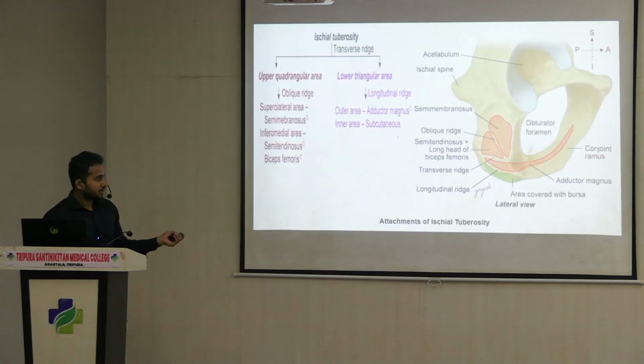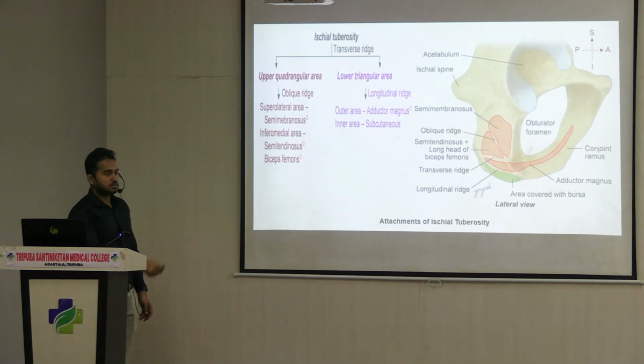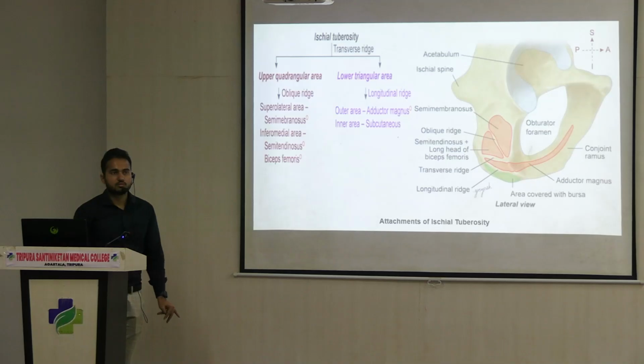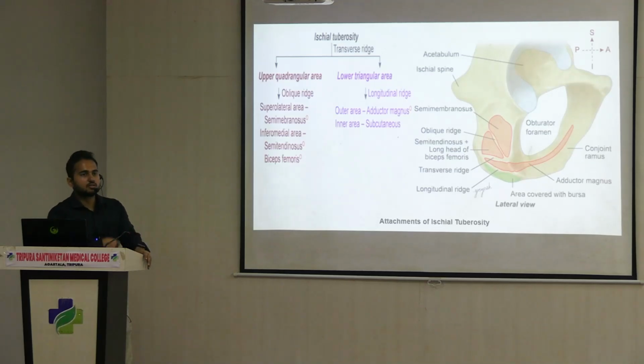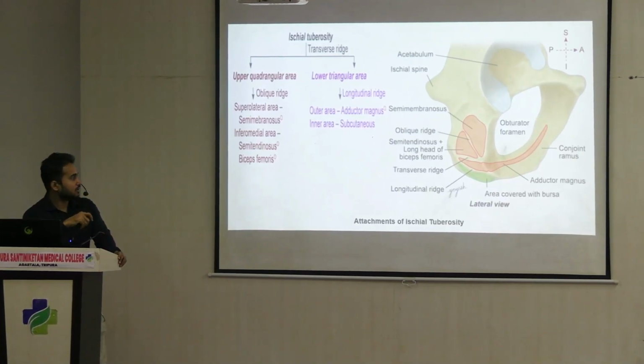Okay? Now, before going to the origin and insertion, do you remember this particular part? Which part is this? Which bone is this? This side, last bench. Stand up. Which bone is this? Hip bone.